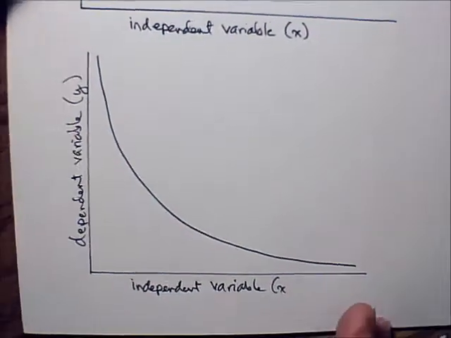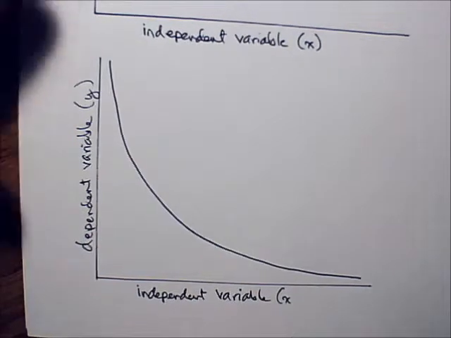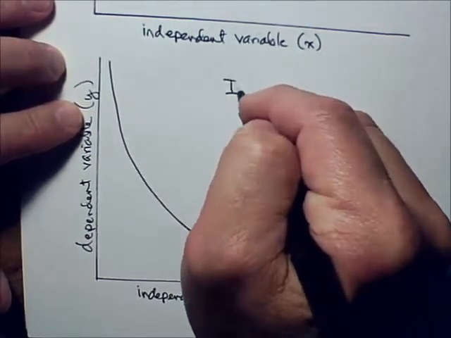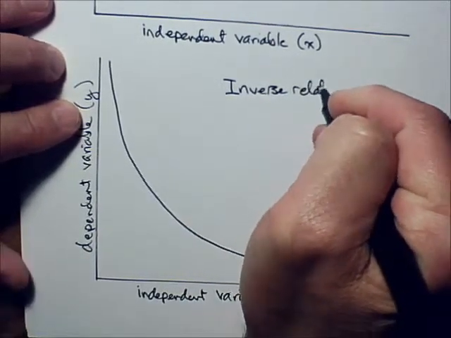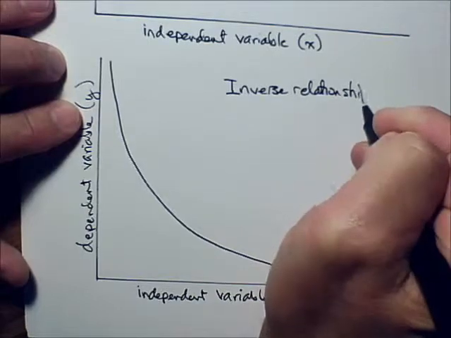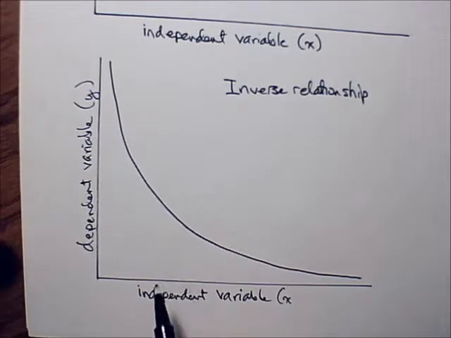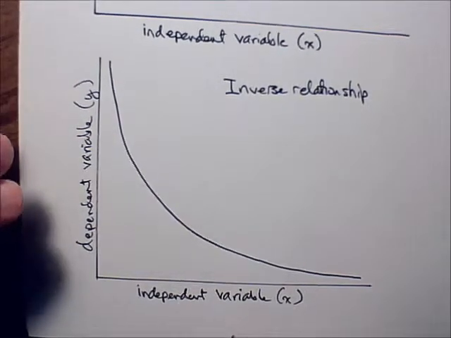Okay? Well, it's not indirect, it's called inverse. Okay? It's an inverse relationship. You would describe this as an inverse relationship between the independent variable and the dependent variable, or the independent variable has an inverse relationship with the dependent variable.